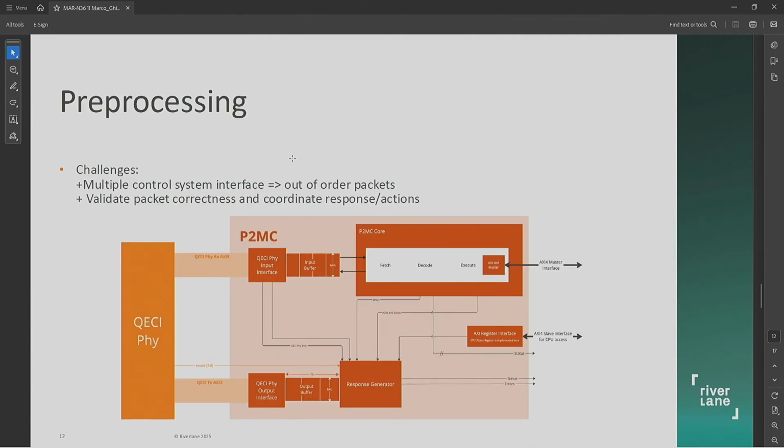Internally to our system, the data are converted into memory transactions that can be passed to the next stage. This is important because we can have multiple inputs and out of order packets. The control systems are generic and all different, so we need to cater for different types of configurations.